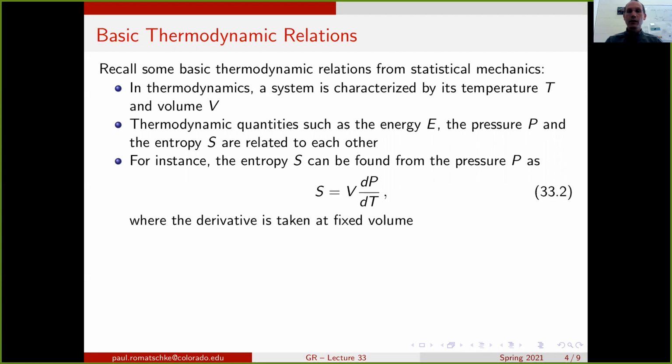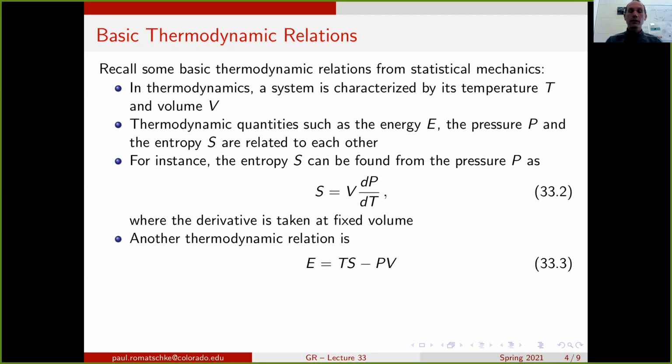An example is the relation between the entropy S and the derivative of the pressure P at fixed volume. The entropy S is given by dP/dT, the derivative with respect to temperature, times the volume of the system V.